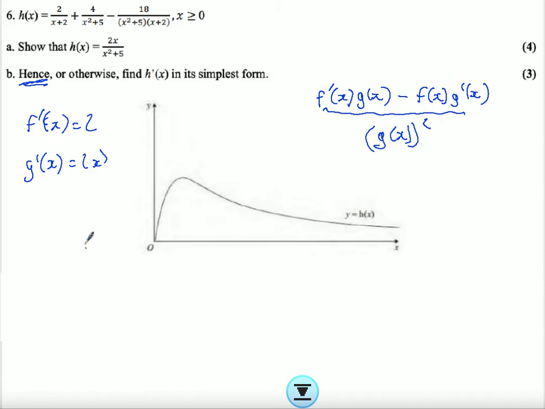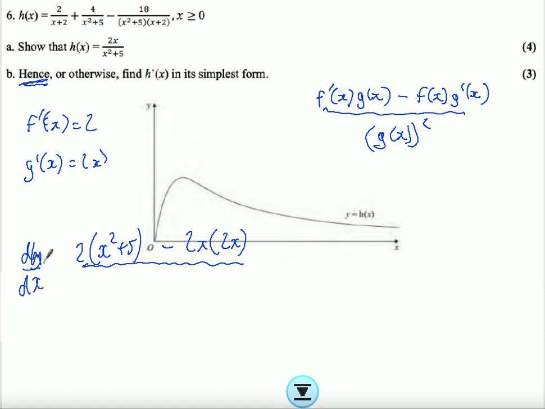So we're going to get 2 lots of x squared, add 5, subtract 2x lots of 2x, all over, of course this is dh by dx, or h dash of x, all over x squared add 5 all squared.